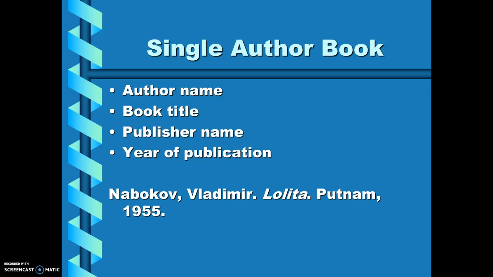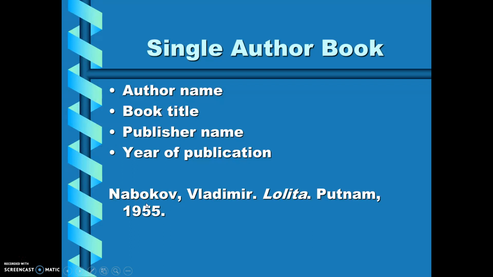So this one I'm going to run through really quick because it's probably the most basic citation you're going to do. Notice with all these that the name of an author is always going to be inverted. It's going to be last name, comma, first name, followed by a period. That pattern is never going to change if you have a person listed as the author.